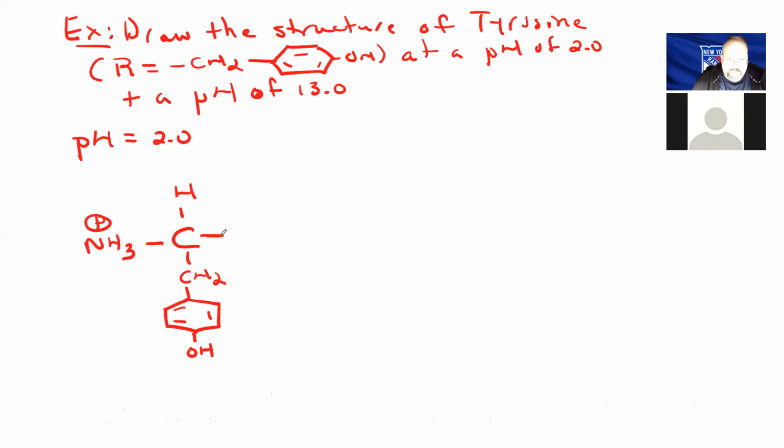Well, at a pH of 2, the carboxyl group is not going to exist as C double bond O connected to O minus. Instead, it is going to exist in the form of C double bond O connected to OH. And as you can see, what charge does the amino acid have here? The amino acid has an overall positive charge.